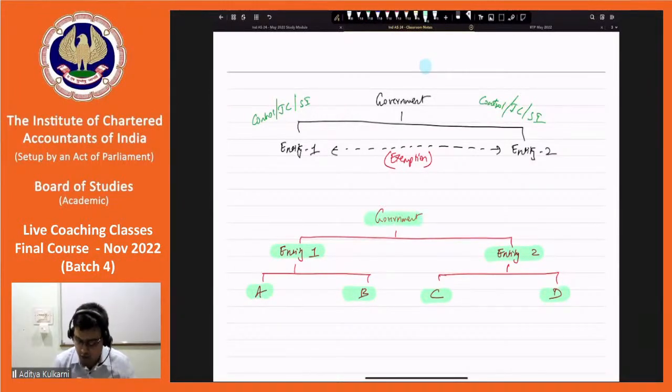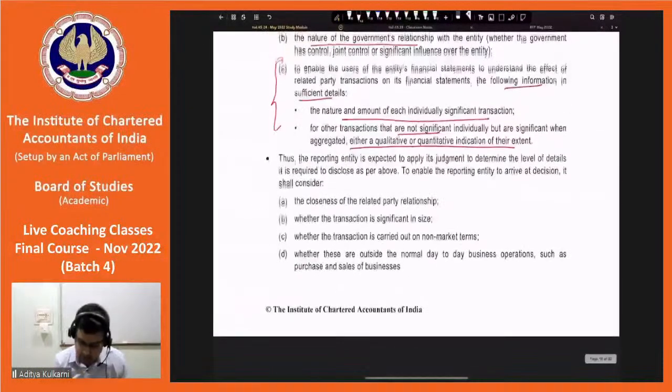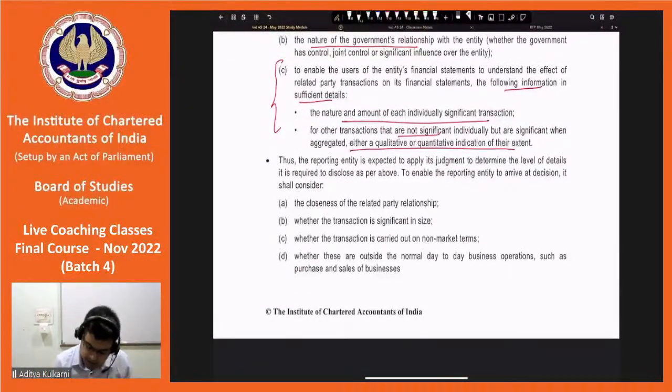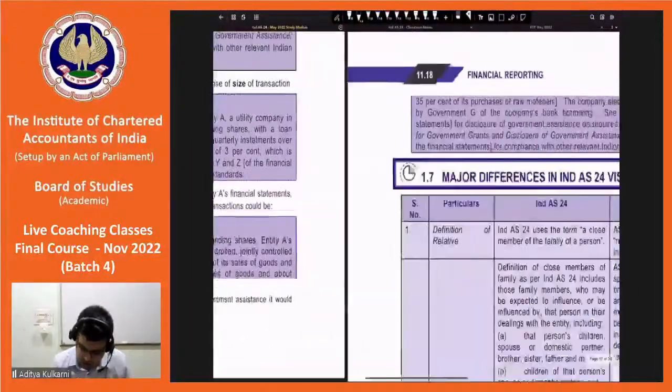Because they are controlled, jointly controlled or significantly influenced by the same government. And that is why transactions between them, balances, etc., you can avoid the disclosure. Okay. So that is the conclusion of this standard. It concludes all that I had to discuss.